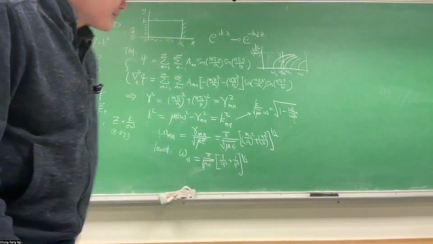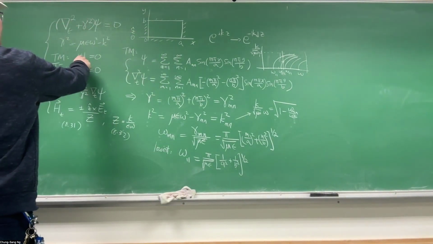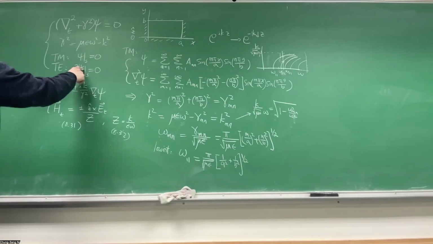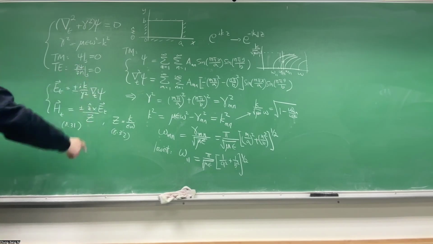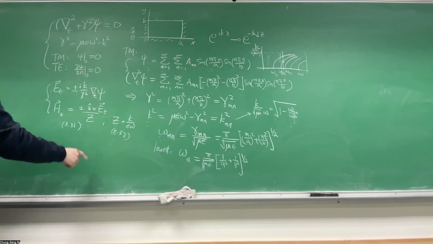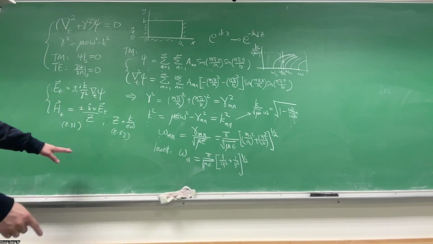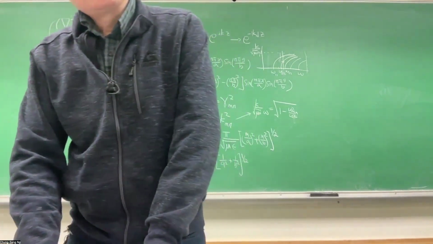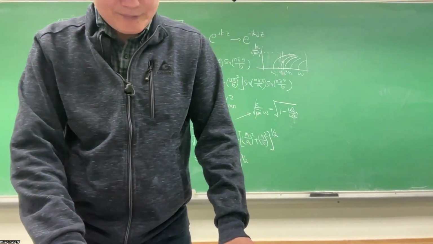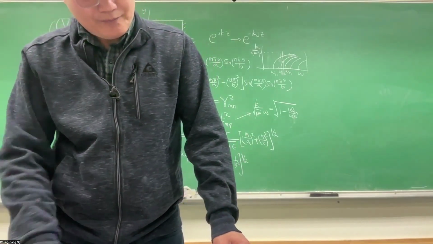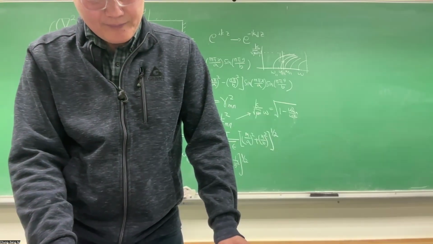For the TM0, psi is the electric field, but for the TE0, psi is the magnetic field. You can use either BZ or HZ, but they are not the same dimension. Therefore, when you write down the equation, the form changes and you have this mu and epsilon going around. But anyway, you just need to use the proper equation.